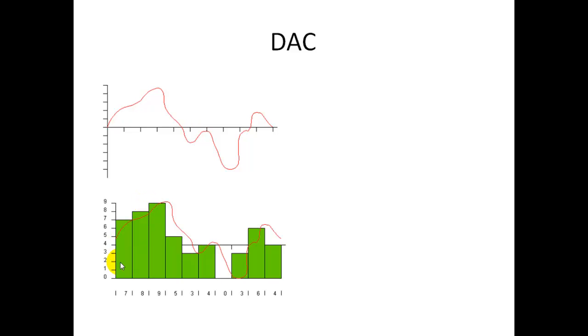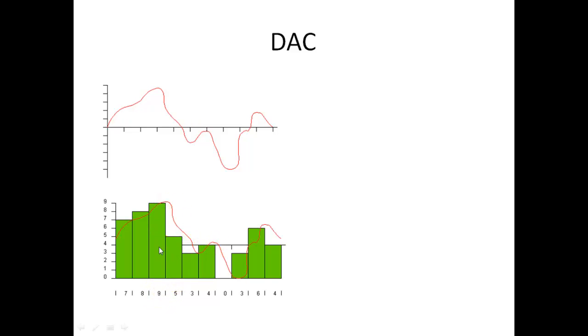Then these numbers can be expressed as binary numbers. So 7, for example, can be expressed as 1 plus 2 plus 4. So it's basically 0, 1, 1, 1. 8 is 1, 0, 0, 0, and so on. 9 is 1, 0, 0, 1.